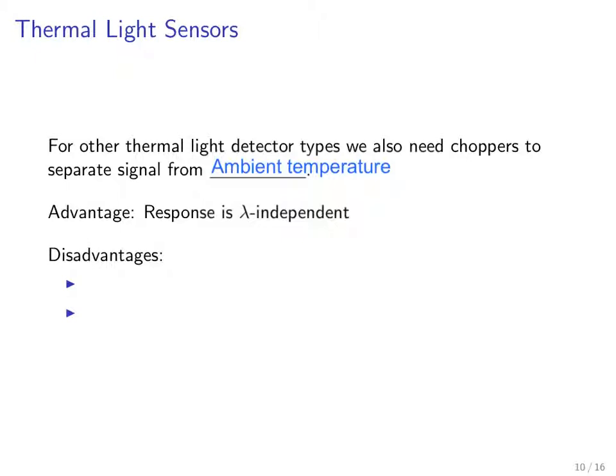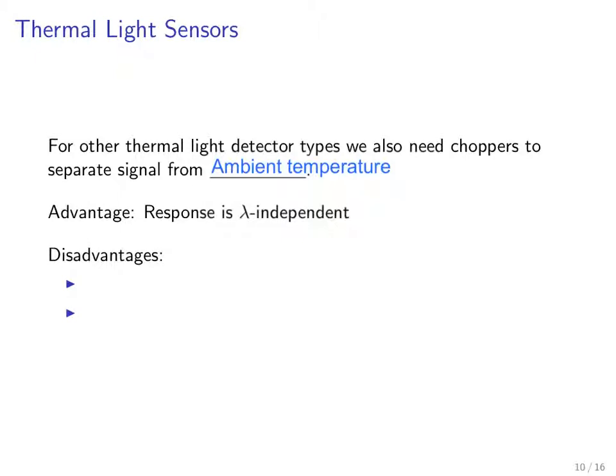But if we have a chopper between the source and the detector, then the signal components corresponding to the source will have a higher frequency than the ambient temperature signal component. So you can imagine that we can use a high pass filter to get at the signal components due to the light source.